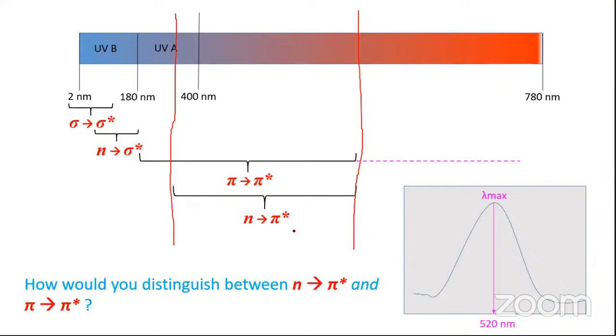So now the challenge is to find out whether this 520 nanometer transition that you see is because of pi to pi star transition only, or in addition to pi to pi star, there is n to pi star transition also taking place. Is the question clear?